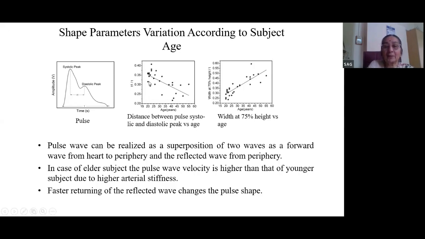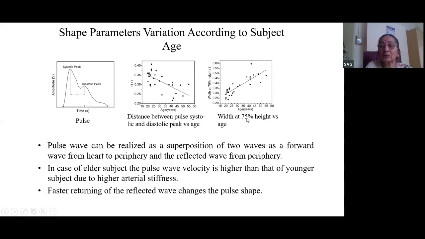Of course, this is very random data. It indicates that we need to take data from a large number of people. But the variation is that as you go on increasing the age, the t1 to t ratio decreases, meaning that t1 is smaller and the systolic and diastolic peaks are coming nearer to each other, which is normally seen in older people.